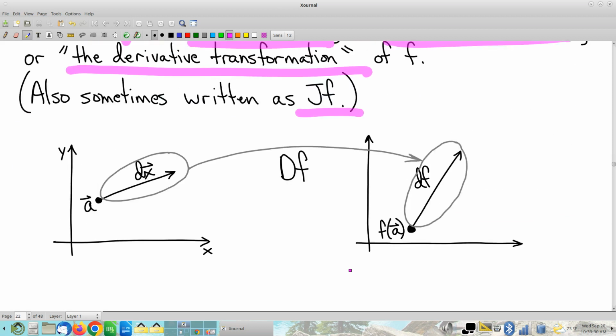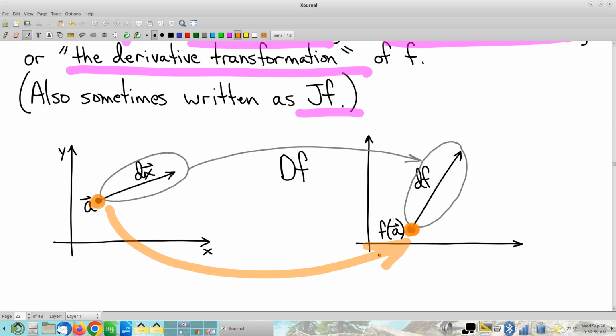Here's a picture of it, in what I call the literal picture of a function. If you have a function that takes an input point in the domain to an output point in the target, keep in mind what a function does. It takes inputs, gives you outputs.